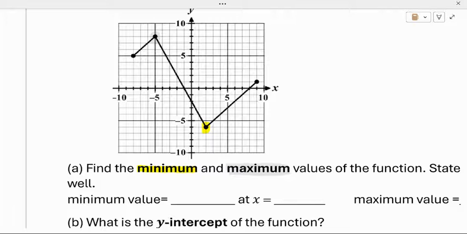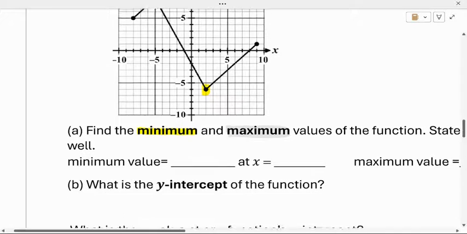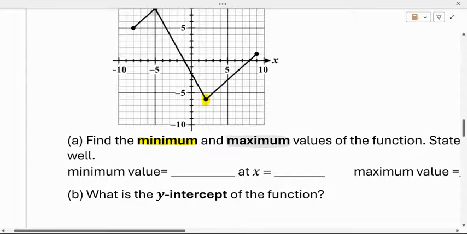So it's asking for the minimum value. So we have that phrase value. And when we see that phrase value, it's asking for the y value. So the minimum y value is what? If I look at the minimum that I have highlighted in yellow, what is the y coordinate for that?